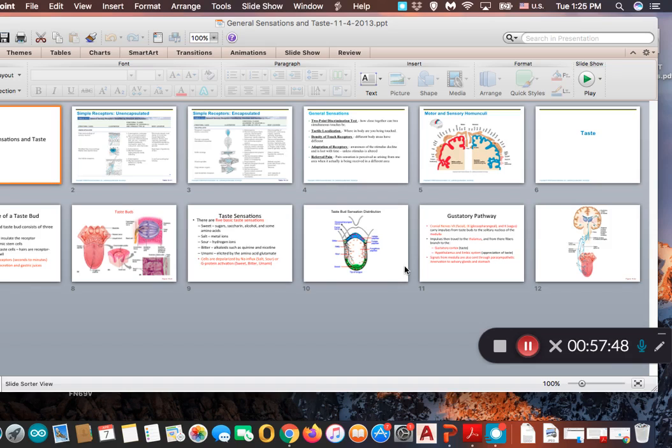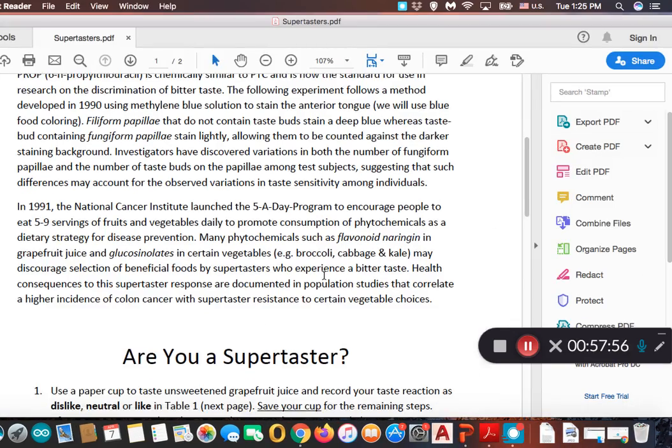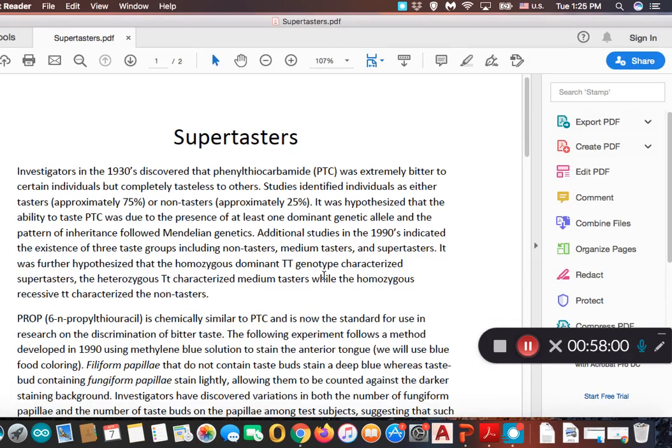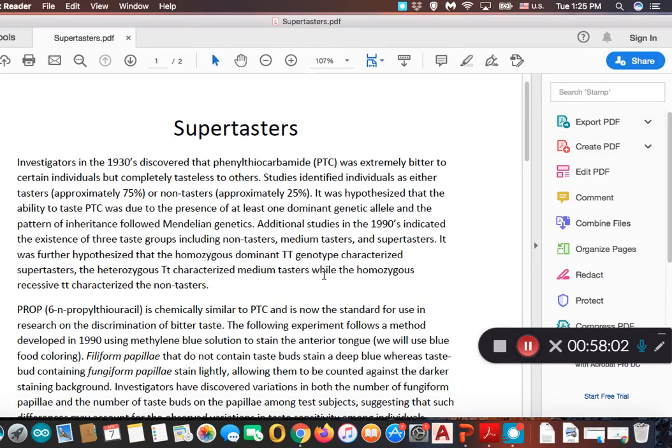This class, you also have this document. This is for the super taster. Probably you guys know, we all know that California is very famous for wine production.